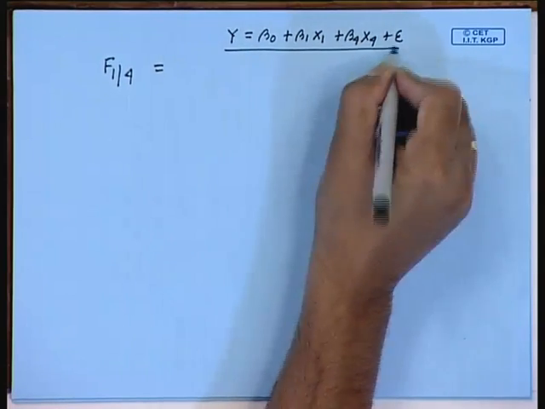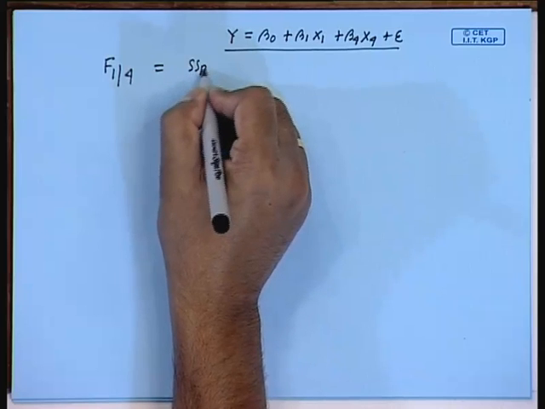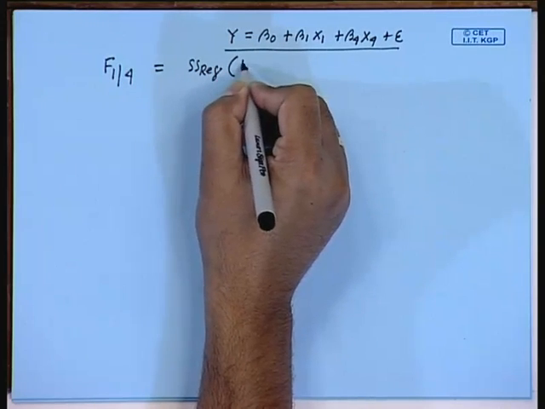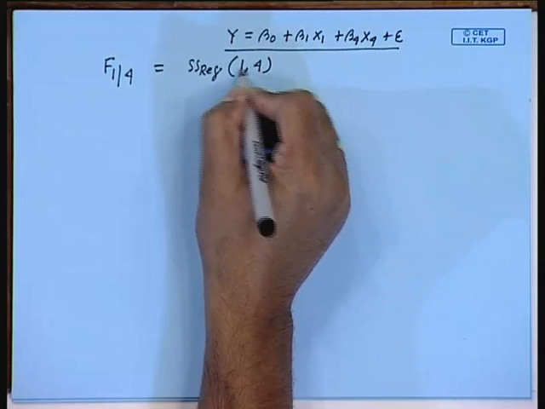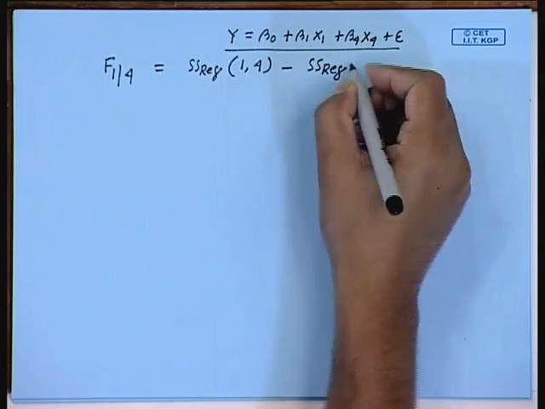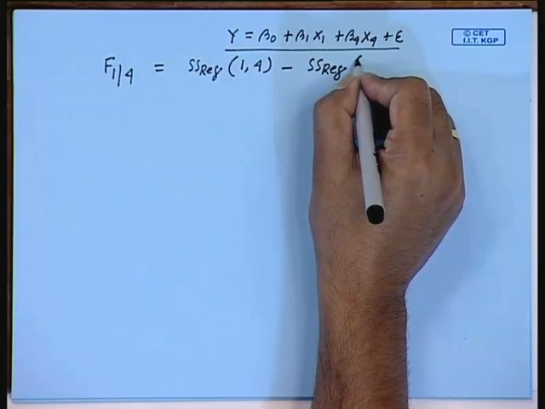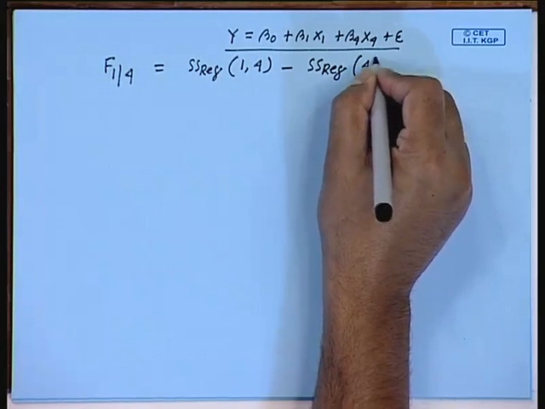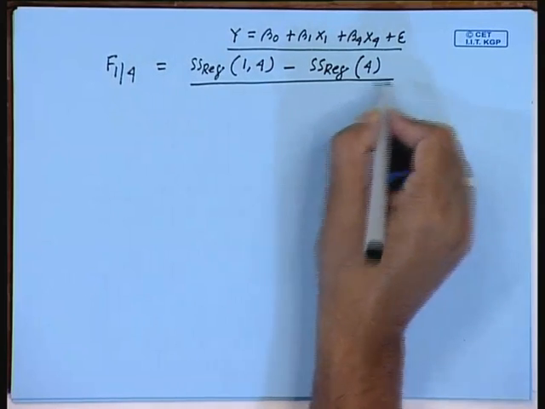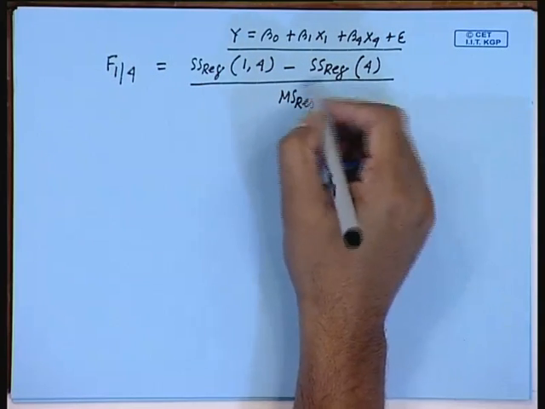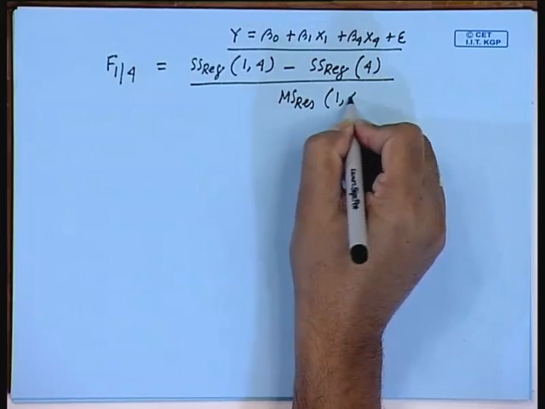You fit this model and then SS regression for the full model, that is 1 4, that means x1 x4, minus SS regression x4, by MS residual for the full model, means 1 and 4.